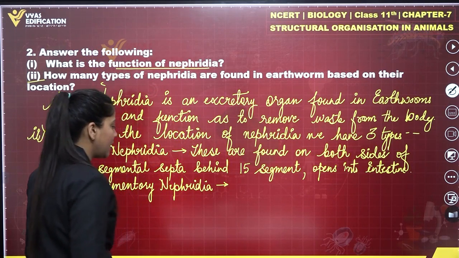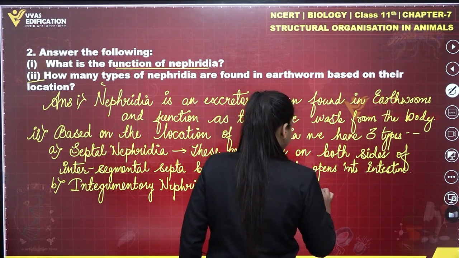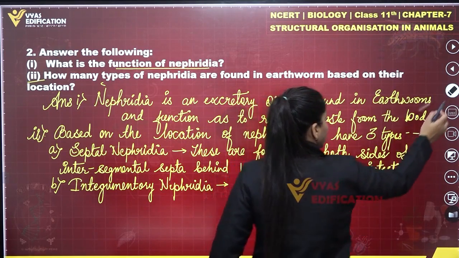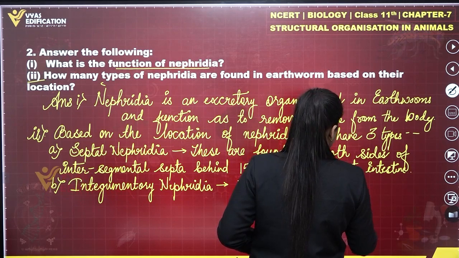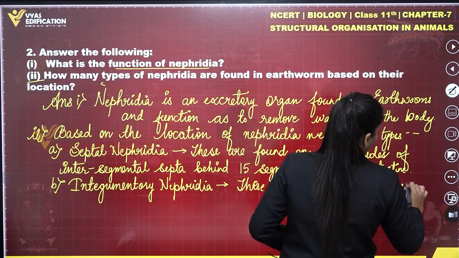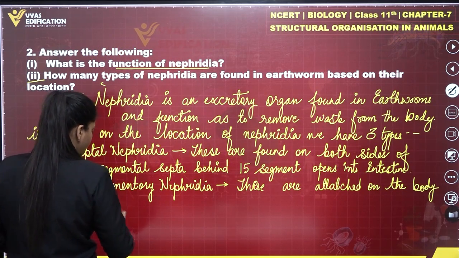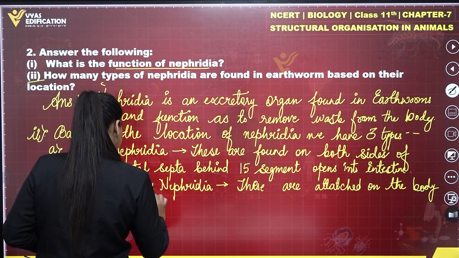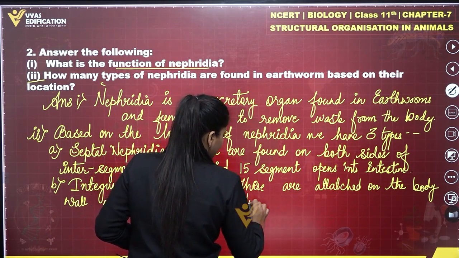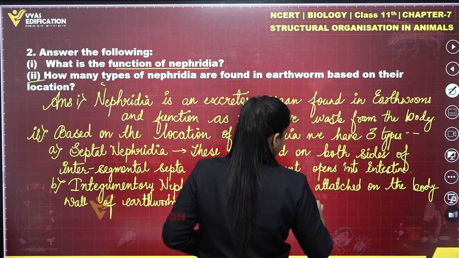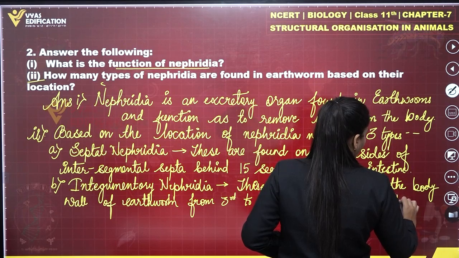The location of this nephridia: these are attached on the body wall of earthworm from the third to the last segment, and open to the body surface.